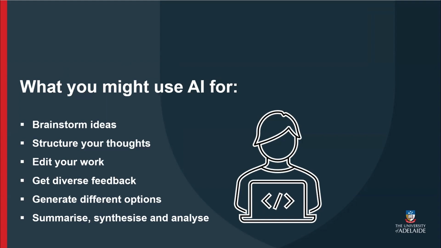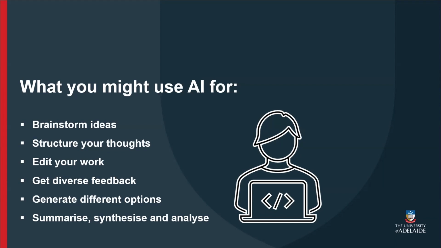Editing your work. So grammar and clarity improvements from AI tools, they may not require a citation, but acknowledging the assistance is often appropriate. Getting diverse feedback. So AI can simulate peer review or offer alternative perspectives. But if that feedback changes your work, it should be acknowledged.